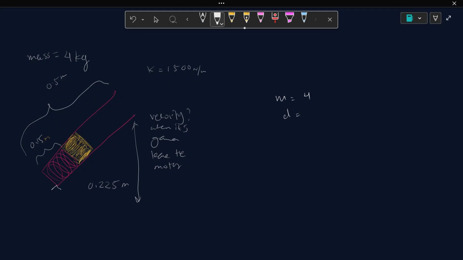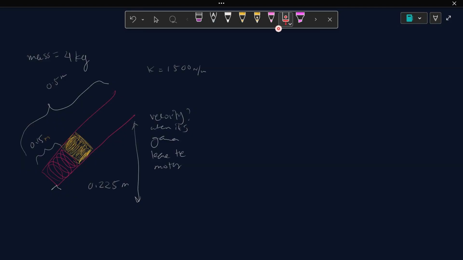You have your mass, your spring constant, your distance, and the only thing you have to figure out is the velocity. Is there any equation that matches all this information? Yes, there is. That's going to be an energy equation. Remember the energy chapter that we learned. That's what we're going to apply here.